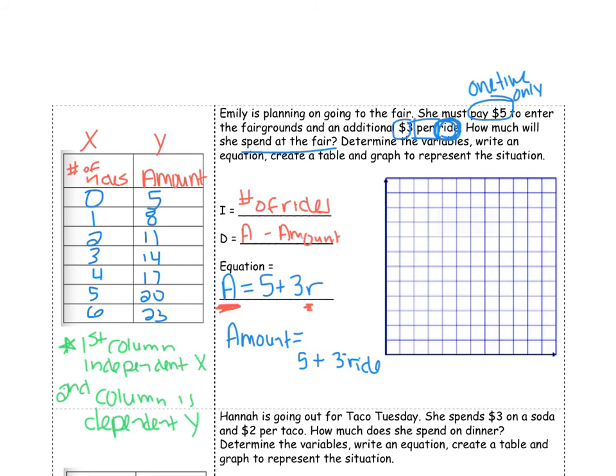And then we can graph it. I am hoping that you remember to label. So the independent is our X, number of rides, and our dependent is the amount she paid, or the cost. And again, we only have to get up to 6, so I can number by half, even though we're only going to see our wholes. 1, 2, 3, 4, 5, 6.